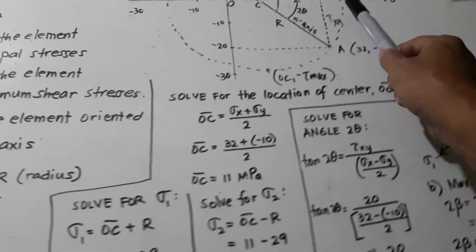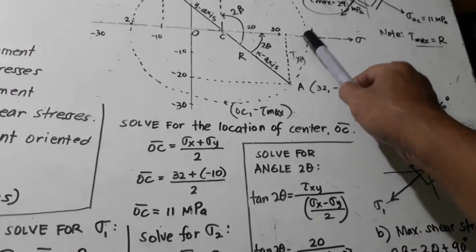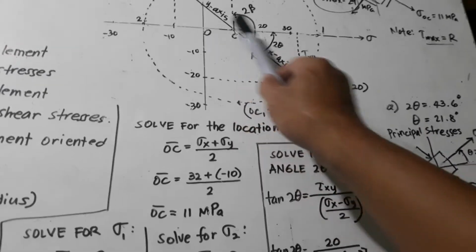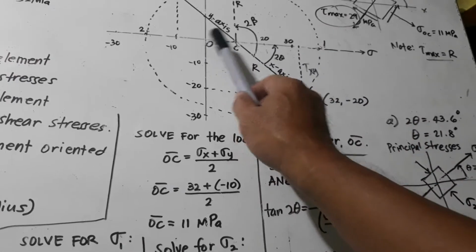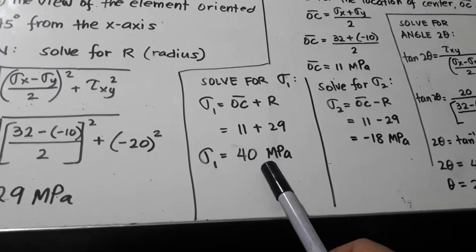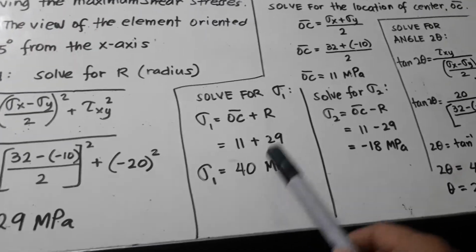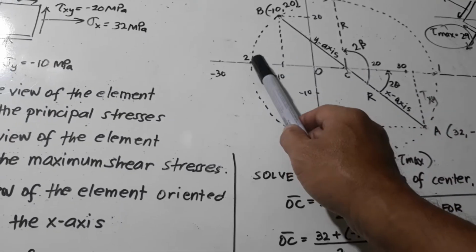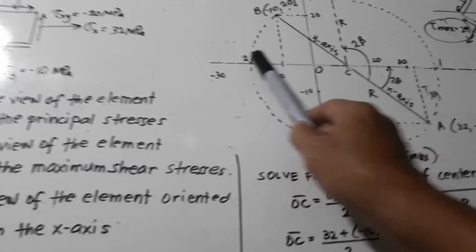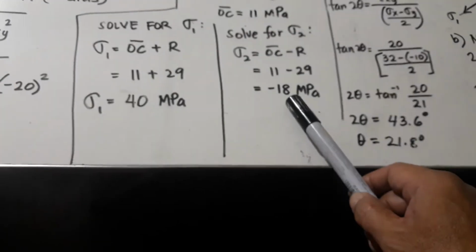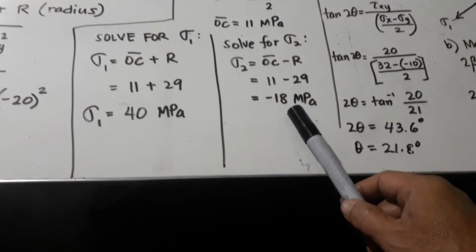To compute the coordinate of the rightmost point, we need the total distance from O to point 1, which is OC plus this distance, which is also R. So sigma 1 is OC plus R. And sigma 2 will be OC minus R, so that is negative 18 megapascals.